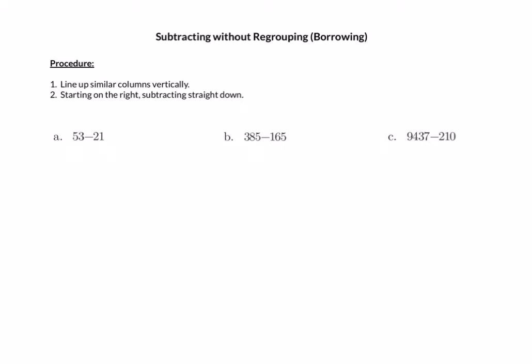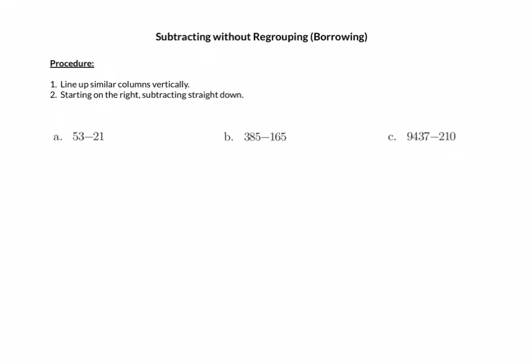Now, just like we did with addition, we had two different categories. Same thing's going to happen when we talk about subtraction. So the first category that we're going to look at is subtracting without regrouping or borrowing. Our procedure is going to be similar to our addition. We want to line up our similar columns vertically.